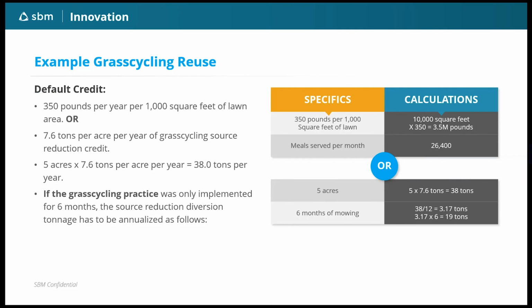So I'm in California and we mow often. I mowed 2 weeks ago. But if I'm in Oregon, I might only mow for 5 months, and I might only do that so often. So the calculations have to be documented, what the process is, as well as where you're trying to document.